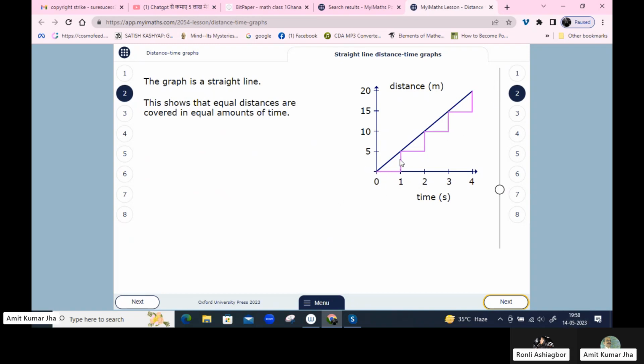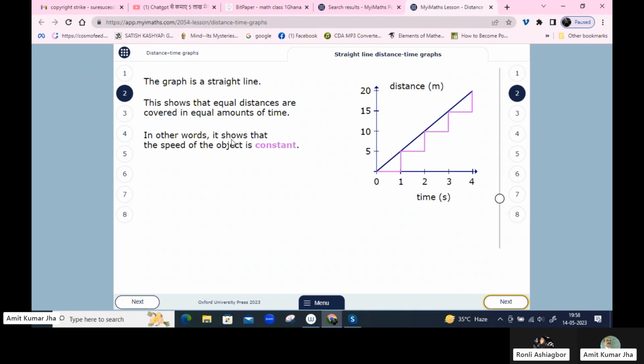You have taken 0 to 1, that is 1 second, and distance moved is 5. Again 1 to 2, that is 1 second, and distance moved is 5, from 5 to 10, which is still 5. So 5, 5, 5, 5, and time taken 4 seconds.